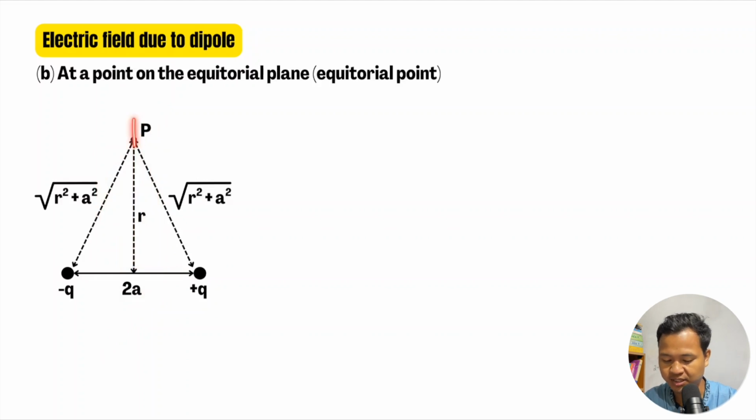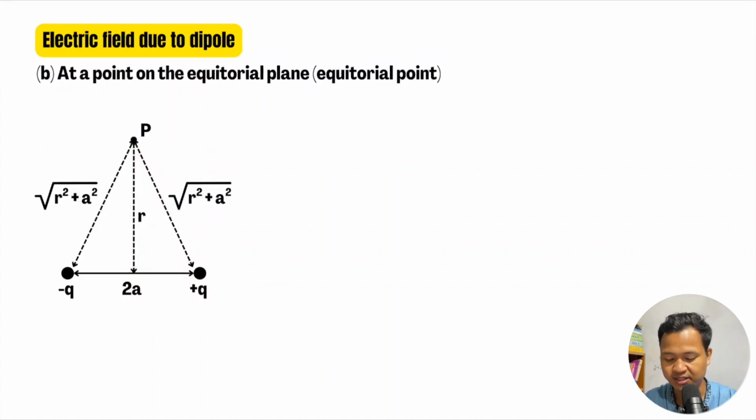This will be a, and this will be r. It forms a right triangle, so by the hypotenuse formula, this square plus this square, r square plus a square, under root. So this will be r square plus a squared under root.